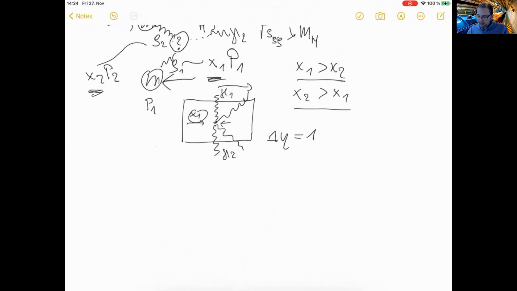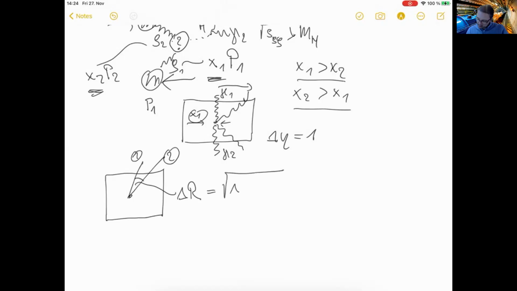Let me give you another reason why this is important. Let's assume you want to define the closeness of two particles. So you have a particle 1 and a particle 2. You can define an angular difference that we conventionally call delta R and define it as delta eta squared plus delta phi squared.